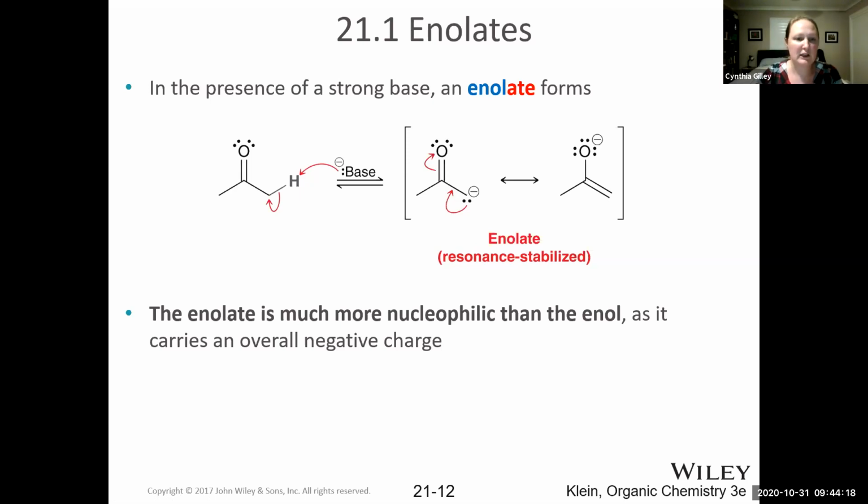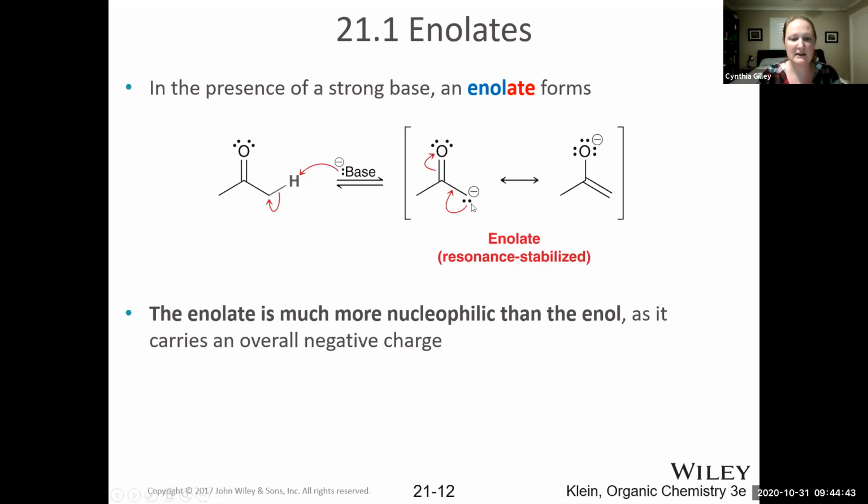When you have a full equivalent of strong base, then you get full conversion of the aldehyde or ketone to an enolate intermediate. Okay, recall that an enolate is different from an enol because of the full negative charge on the intermediate. Where the enol was neutral, an enolate has a negative charge.